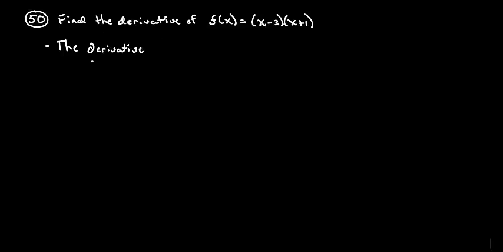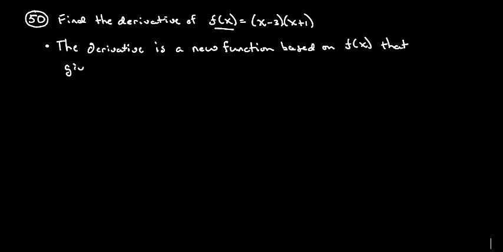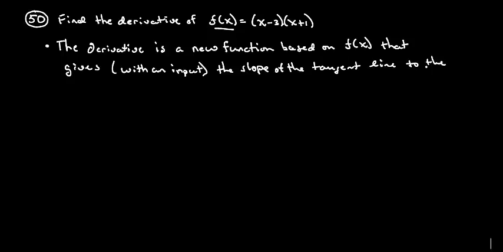and you should write this down if you don't know it, the derivative is a new function based on the old function f of x up here that gives, with an input value, the slope of the tangent line to the curve, which is the output value of the derivative.